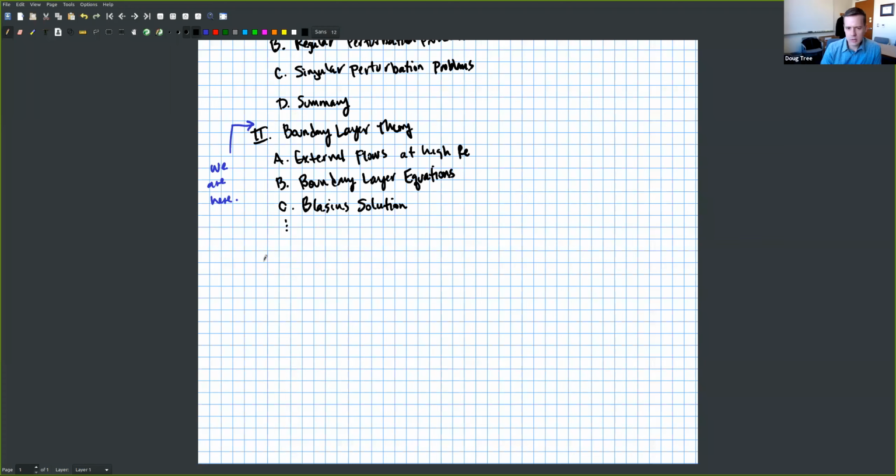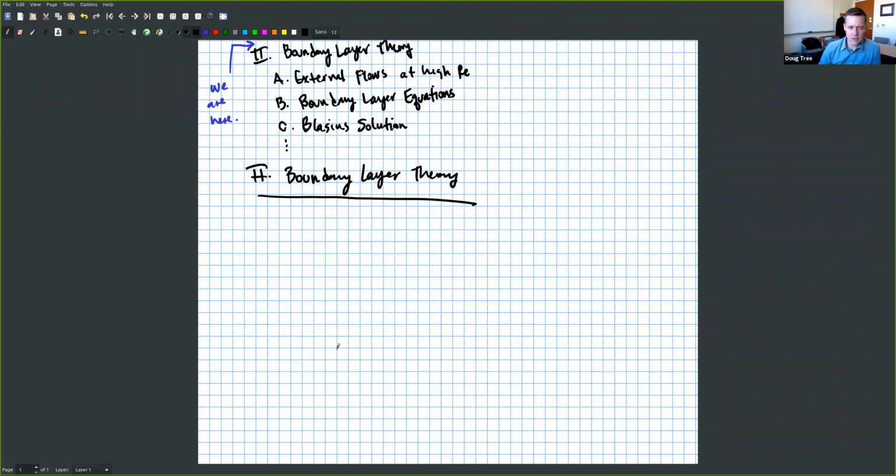here we go. Let us start then on boundary layer theory. Okay, and boundary layer theory is actually pretty important in transport. There are tons of problems that have this sort of fundamental feature of them.